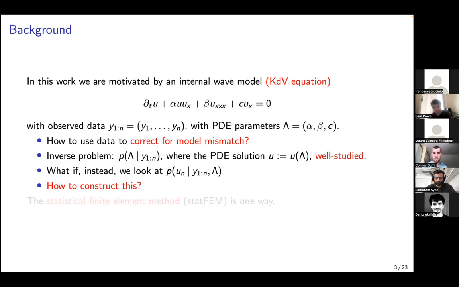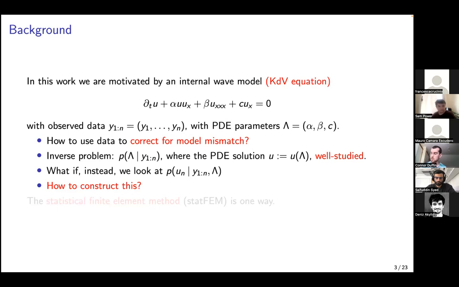They had used these PDEs in various contexts, often taking data from them and trying to, for example, learn oceanographic parameters and parameterize uncertainties associated with these coefficients alpha, beta, and C, which are the physical parameters that govern the flows that they were looking at off the Northwest Shelf.